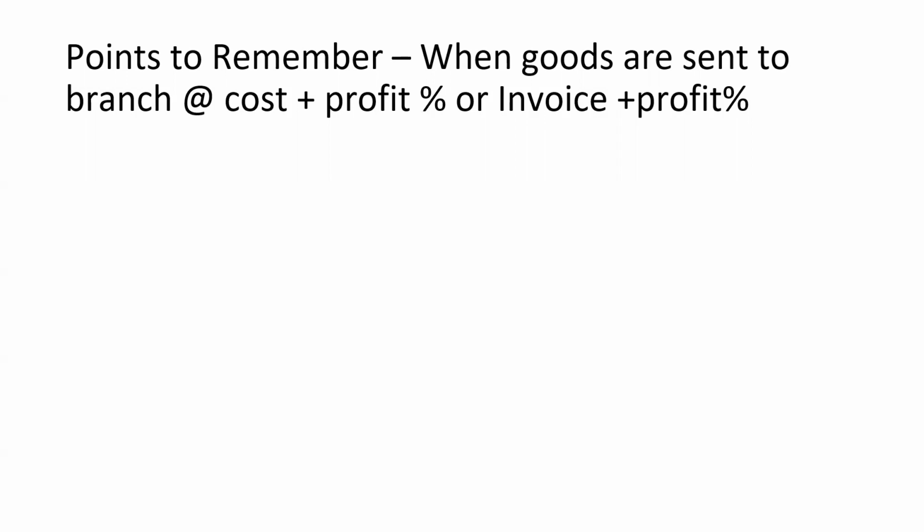So what basically is the head office trying to do? The head office is just trying to add the profit and send the branch the stock at cost plus profit, that is the selling price. Invoice price is nothing but the selling price, and the head office adds the profit and sends it to the branch.